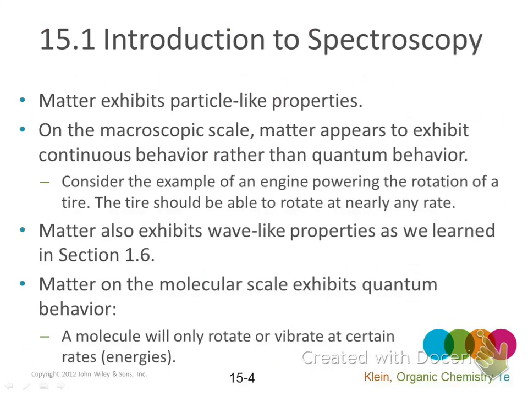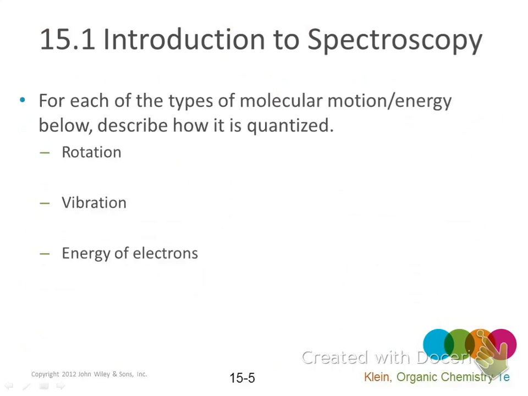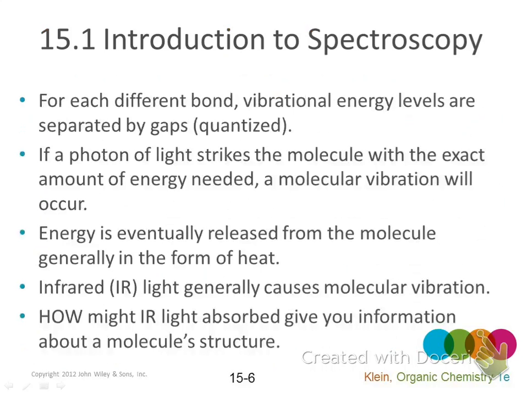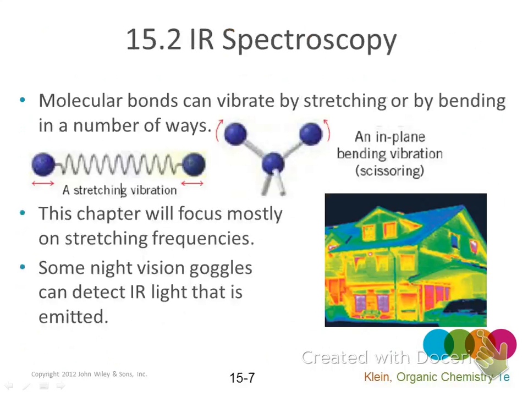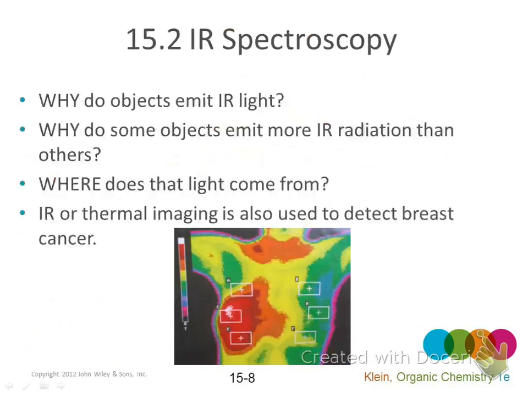So let's skip this. I talked about this, rotational, vibrational, and so on. Hang on. I just want to get to the pertinent information. Oh, this is kind of interesting. Infrared light is heat. So you go to the fair and you're going to eat some of that really good food that they have there.